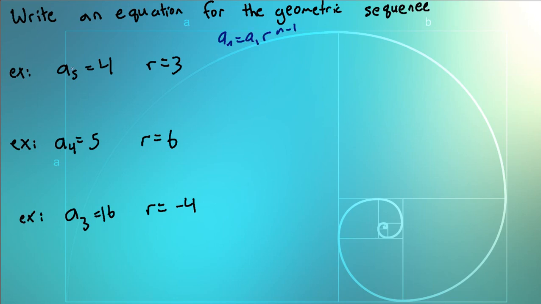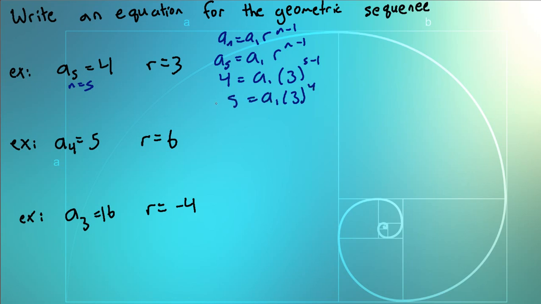And we know the 5th term, and the 5th term is 4. Now that means n is 5. So I know my ratio's 3, n is 5. So we got 3 to the 4th right here. And we have a sub 1, and this is a 4.